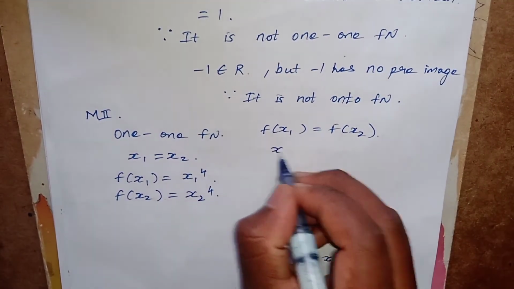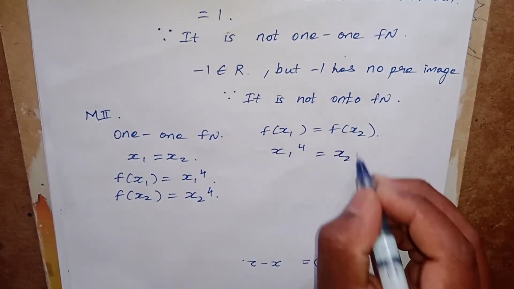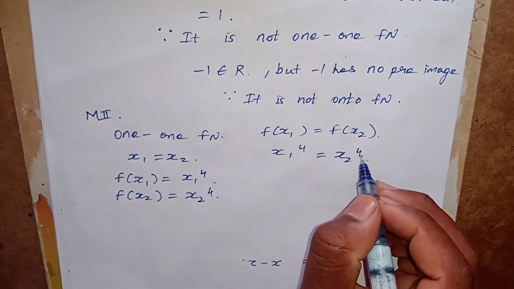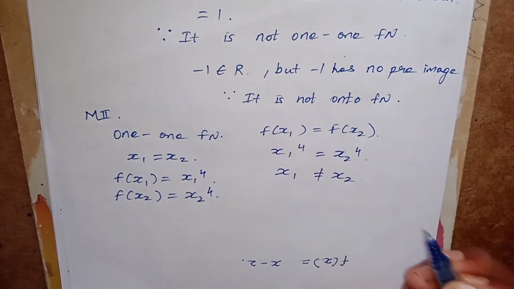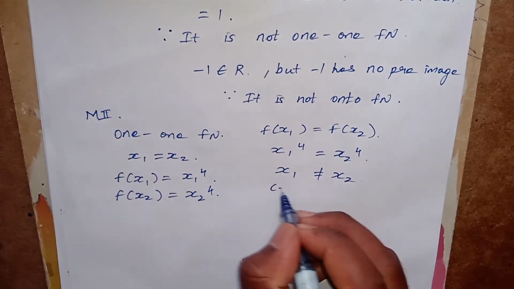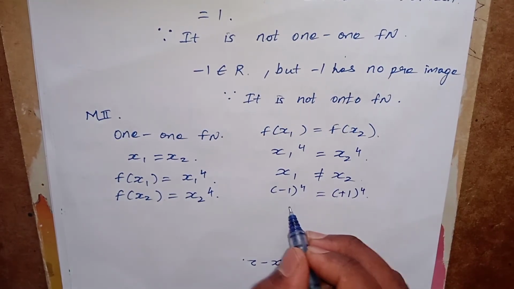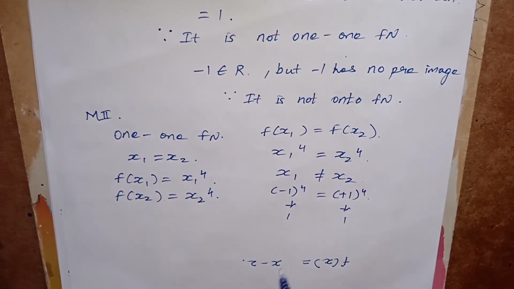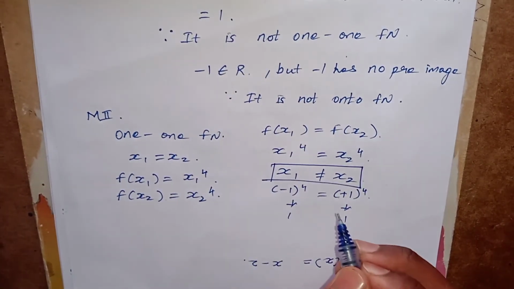Now I am equating x1 power 4 equal to x2 power 4. In this sum here it is square or power 4, power cube. x1 not equals to x2, because here minus 1 power 4 and plus 1 power 4 have the same image as 1. Therefore it is not one-one function, because here it is not equal.